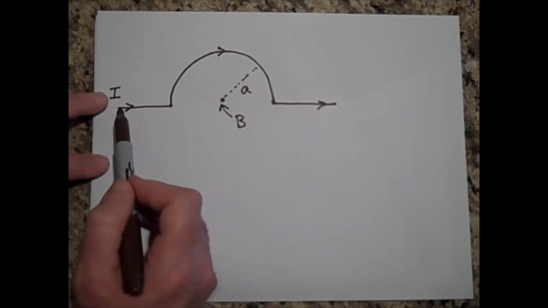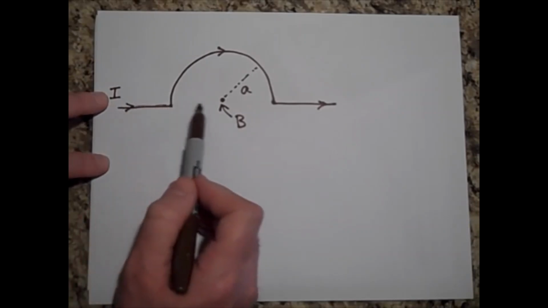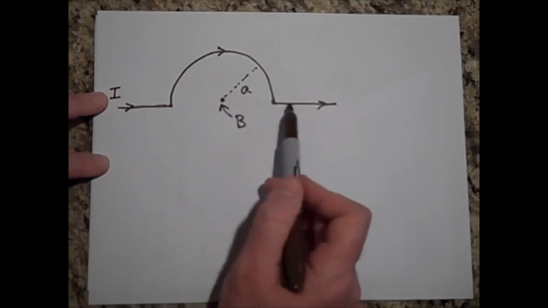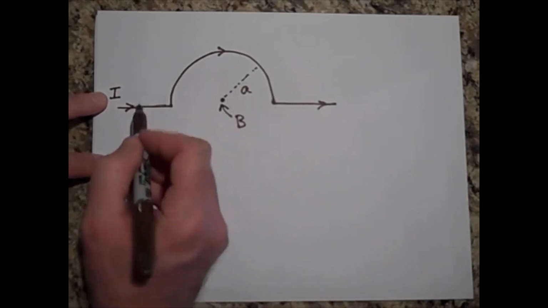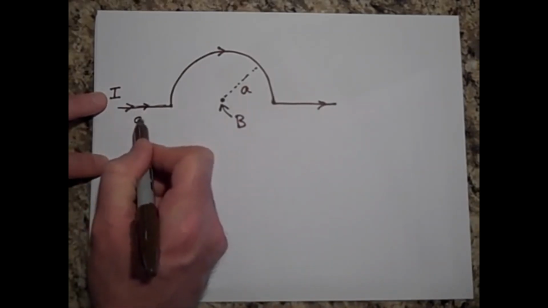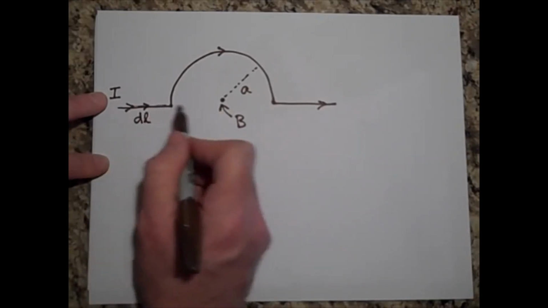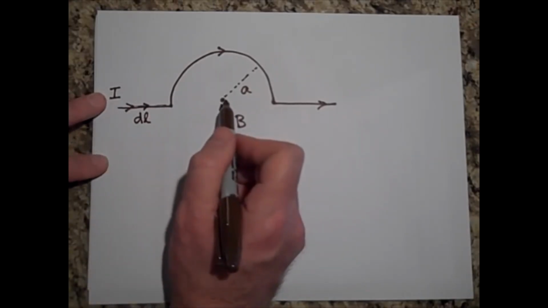Well, it turns out that you see this part of the wire, it doesn't put any field right here. Nor does this wire. Because if you think about it, if this is your dL and this is your r, do you see the angle between dL and r is 0?